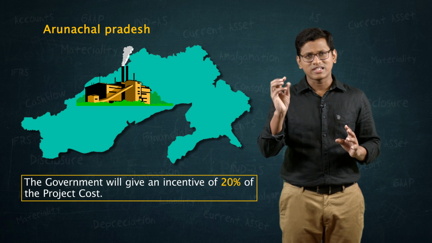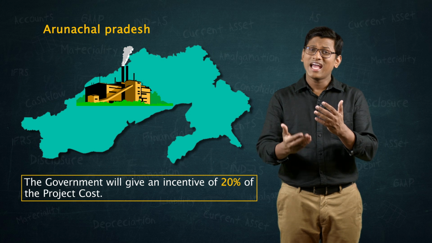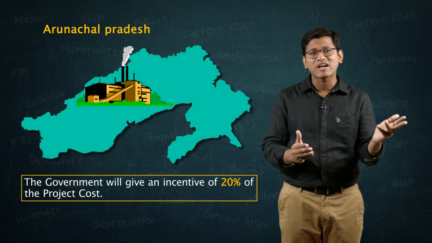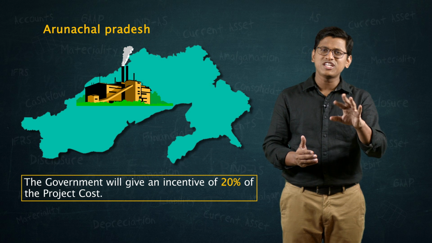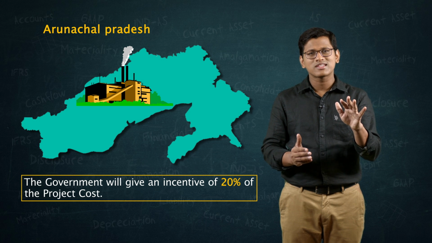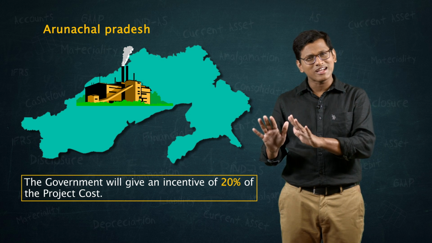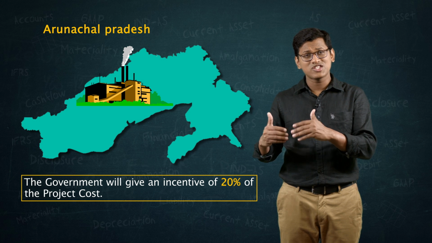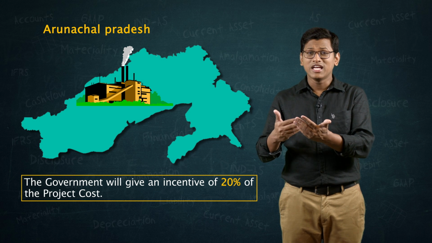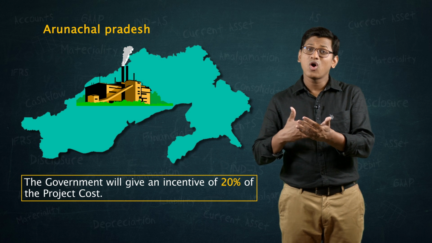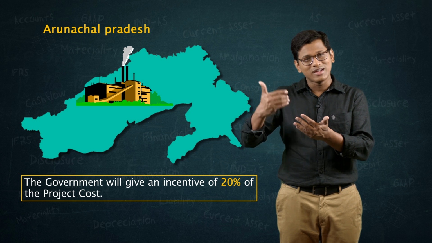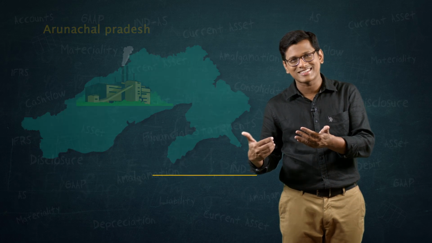So out of 100 crores, first you spend 100 crores and then you will get 20 crores back from government as an incentive. Now this kind of a subsidy or an incentive that government gives is an example of a government grant. Now a company which is setting up this factory needs to find a way to account for this 20 crores of government grant, right? So how should they account for it? We will learn as a part of this accounting standard.